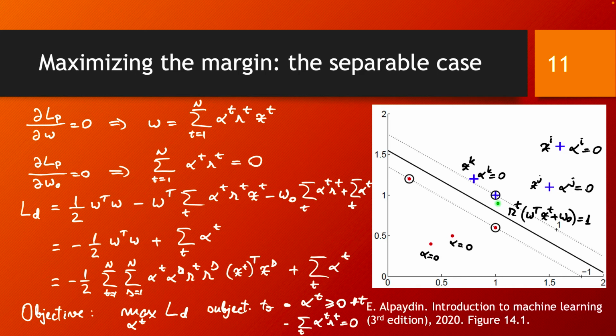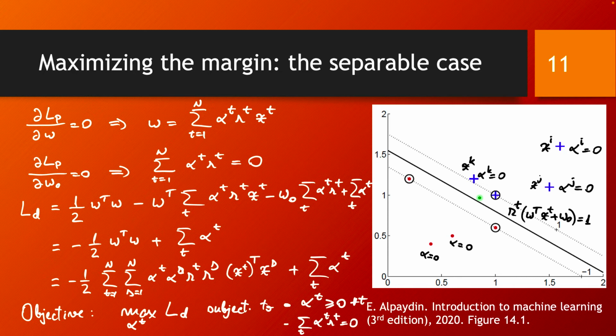So all of these considerations were assuming implicitly that we have a data set which is separable. So we were assuming that the problem we are looking for, finding a hyperplane separating the two classes, has a solution.